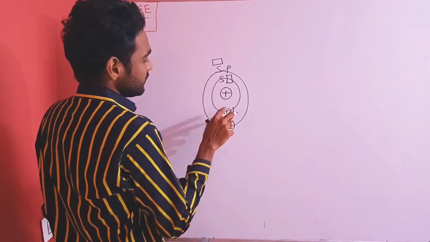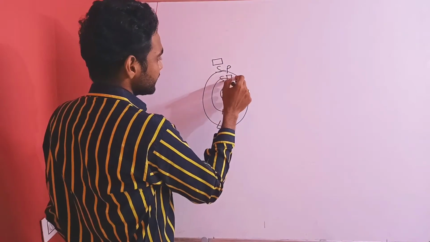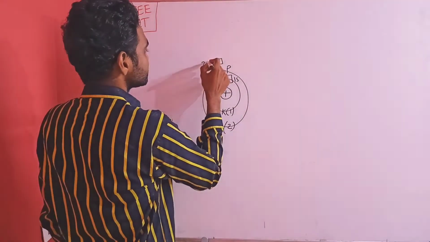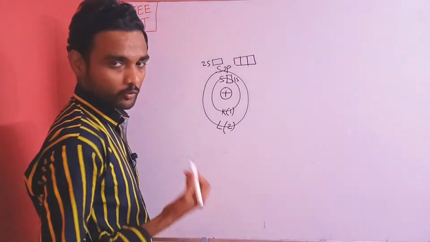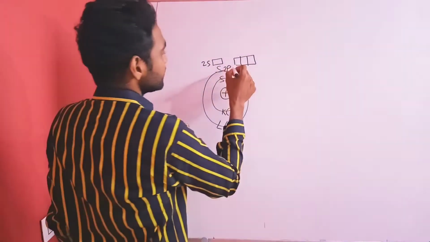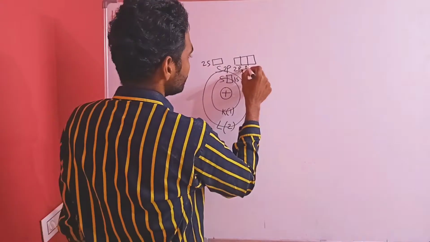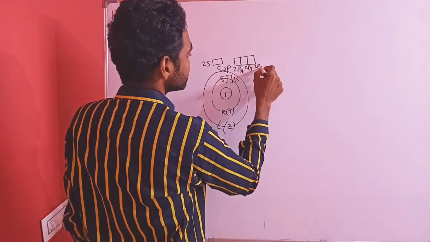Here it is the 1s orbital, and this is the 2s orbital. Now it is the 2p subshell. In that 2p subshell there are 3 orbitals: 2px, 2py, 2pz.